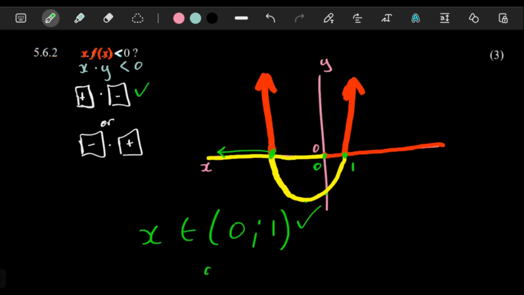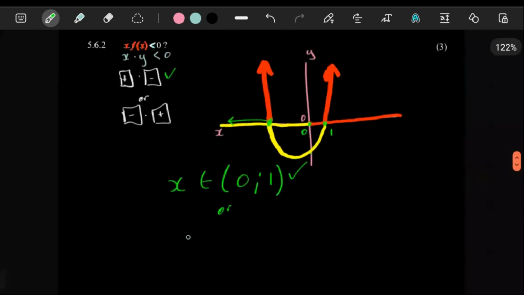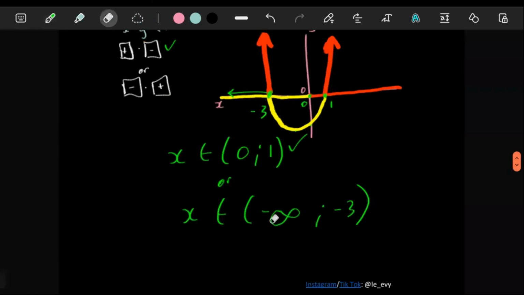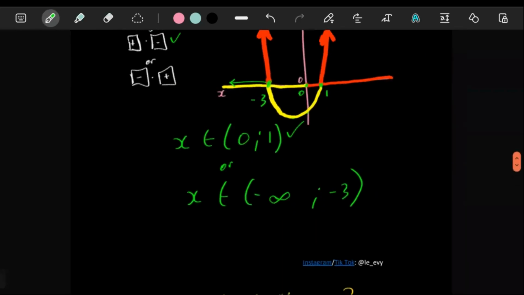So we're going to say x is an element of negative infinity until negative 3. That value, we got it to be a negative 3. Negative infinity until negative 3.